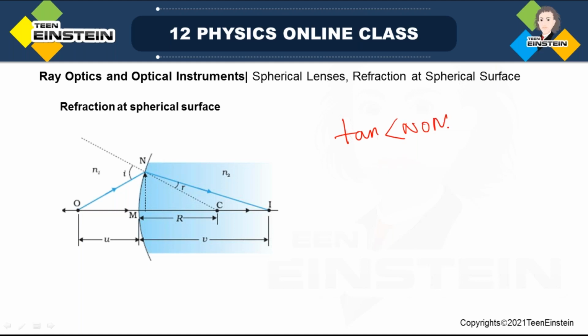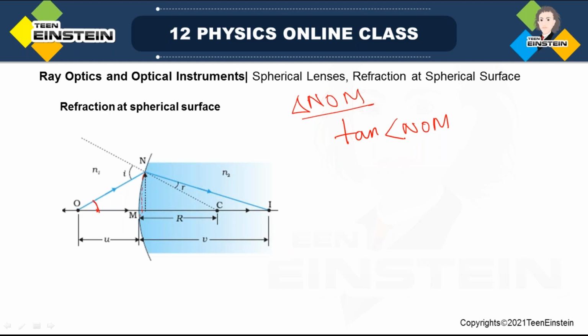Now what we can do is take the tangent of angle NOM. You can think of NOM as a triangle, if you take MN as a straight line. From that triangle, we take the tangent of angle NOM.